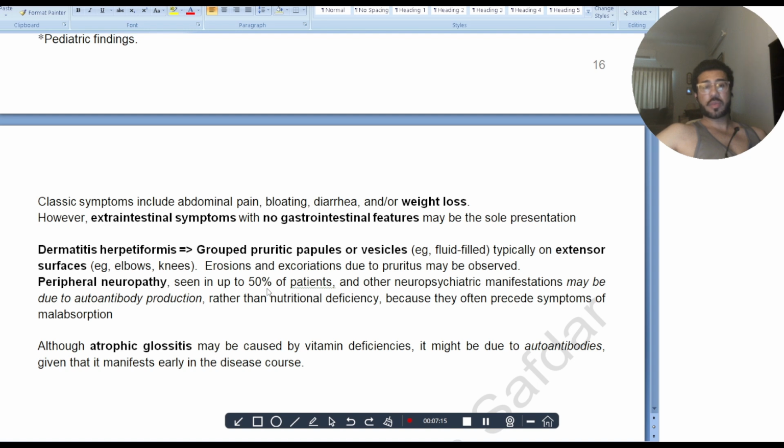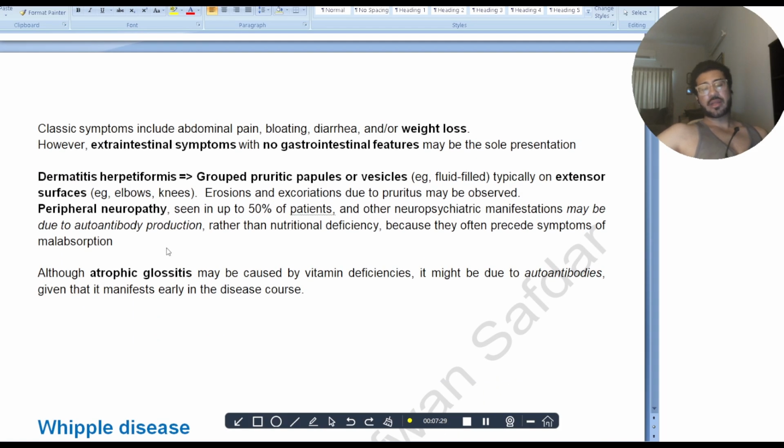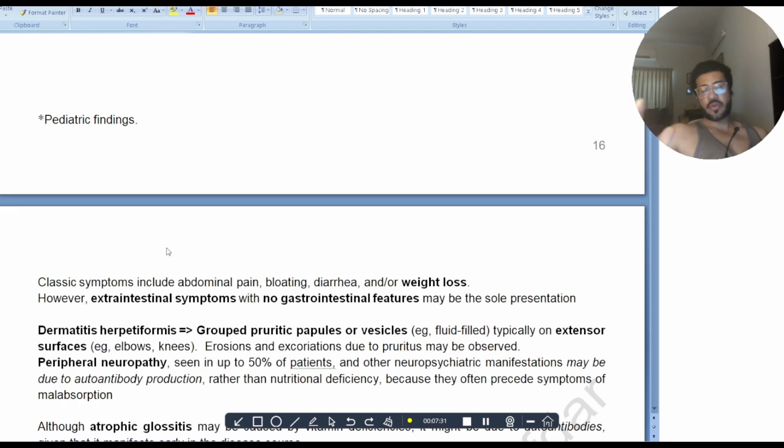Peripheral neuropathy is also seen in a lot of patients. Why? Because of B12 deficiency. So you get symptoms of subacute combined degeneration, along with the onset of the symptoms.